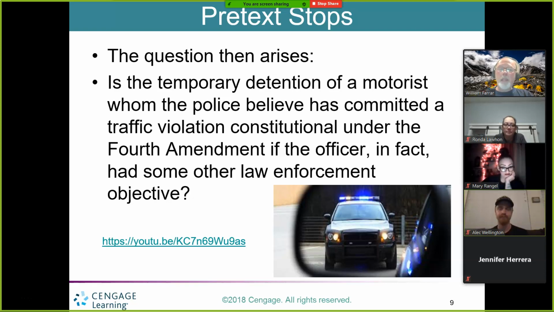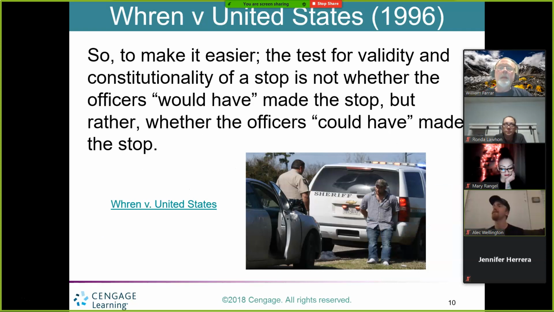Now, my mind is still in the dual motive, right? But did I have an actual violation of the law? Yes. Therefore, I can stop him. And what's interesting, the court actually said in this case, this is Wren versus United States. It's not that old.